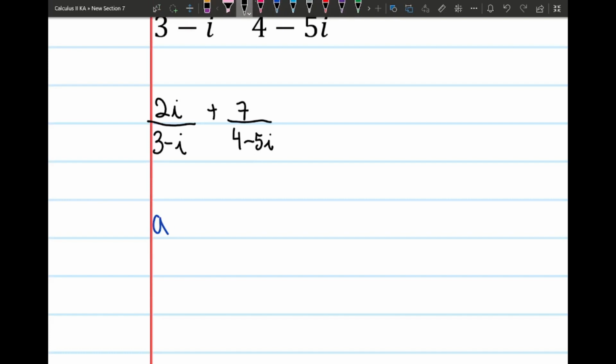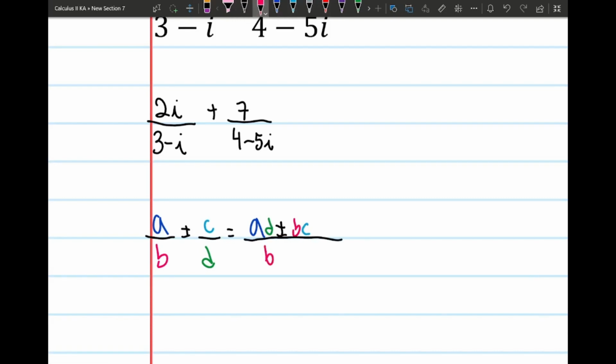A over B plus or minus, it can be either plus or minus, positive or negative, whatever, C over D equals the following: AD plus or minus BC over BD. Okay, guys, so I always like to use this rule.